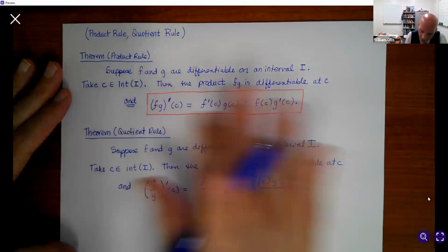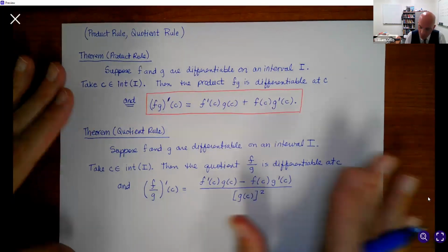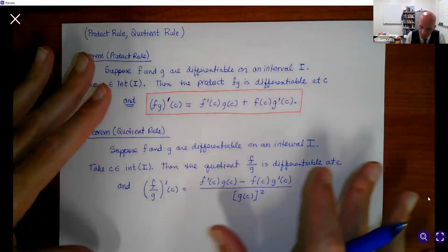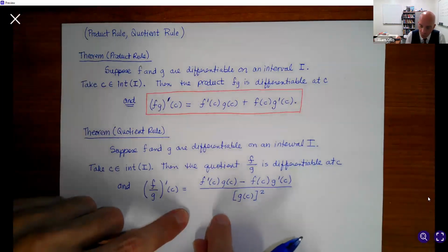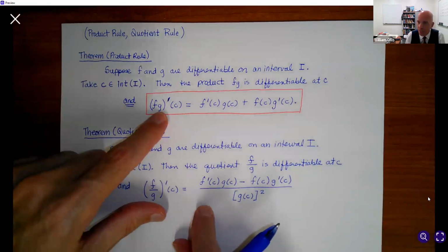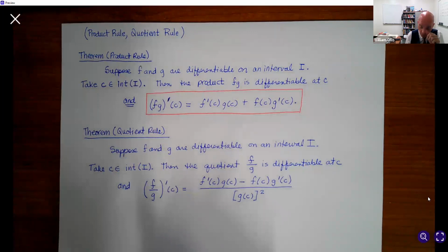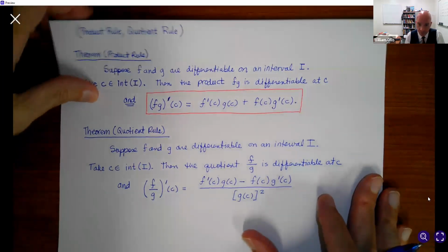Now, let's look at some examples here, or look at one of the proofs here. We'll go ahead and look at the quotient rule, and then you can actually check the notes to look at the proof of the product rule. They're very similar in how they're executed, but I want you to see how they work.